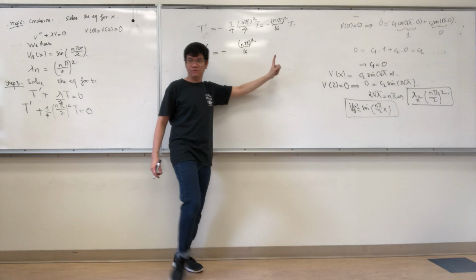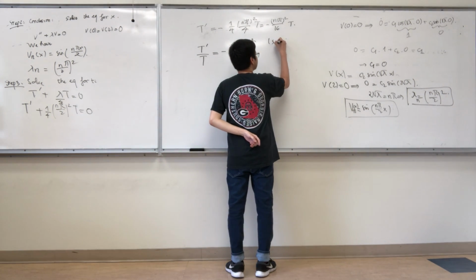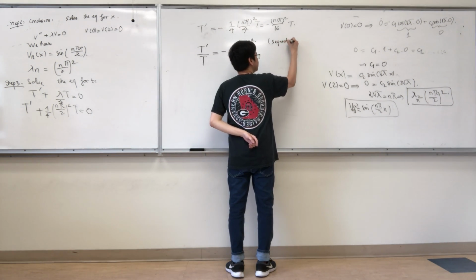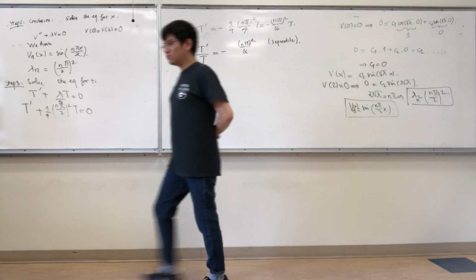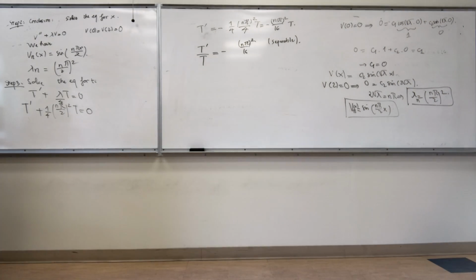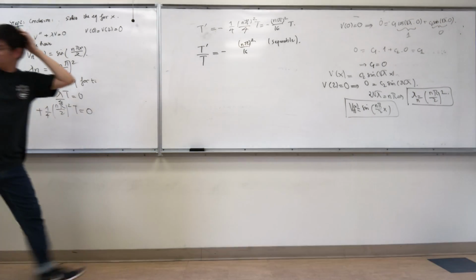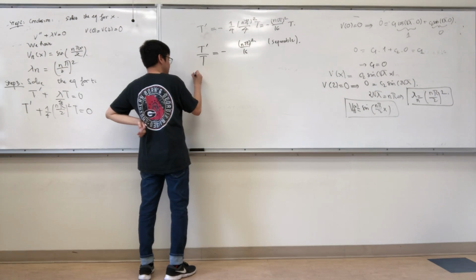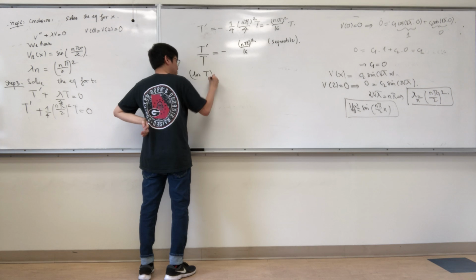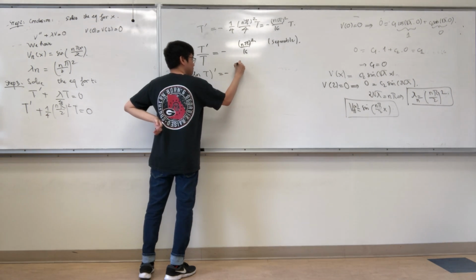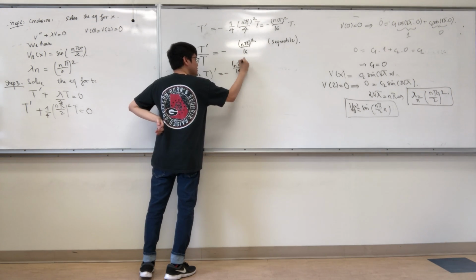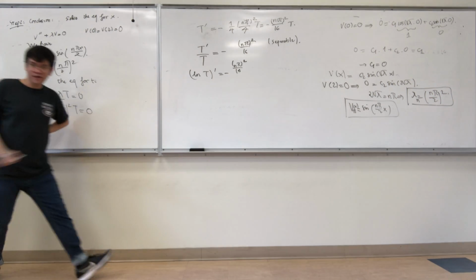So this is still separable. All right. So what is t prime over t? Yes, log of t prime, and this is minus n pi over 16 squared, right?